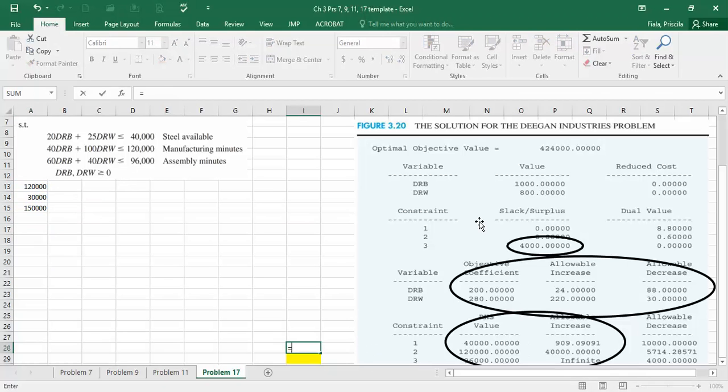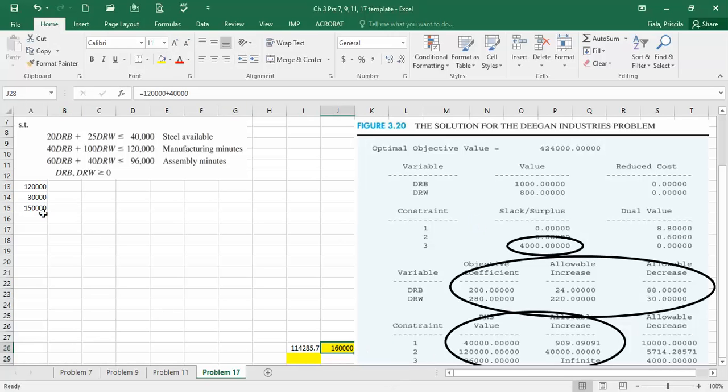The minimum I can decrease would be by 7,114.28. Let's put 29. That's your allowable decrease, and your increase is going to be 120 plus 40,000. So your allowable increase, it's 160.